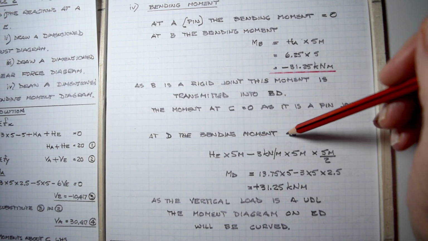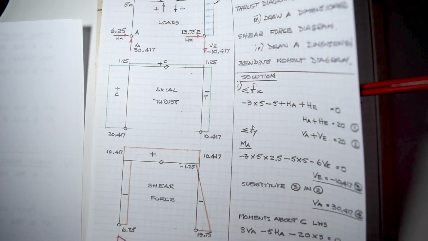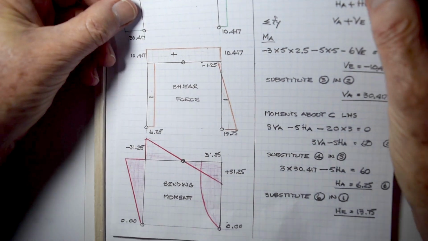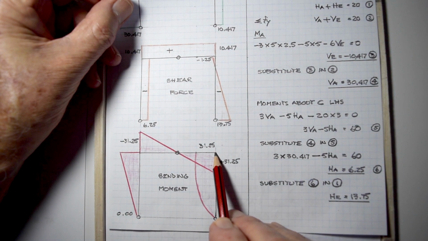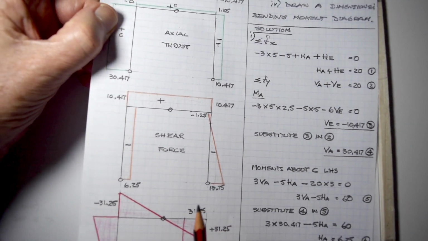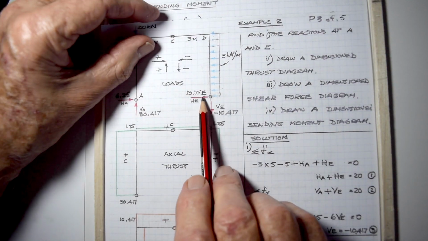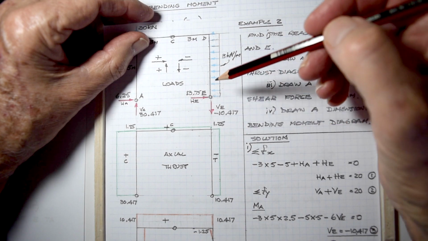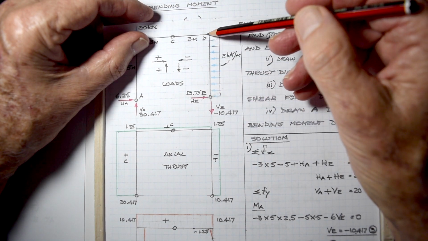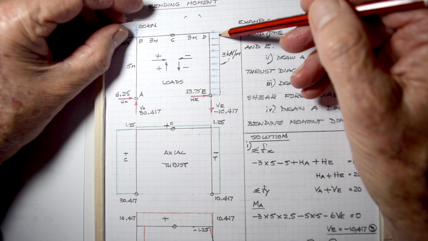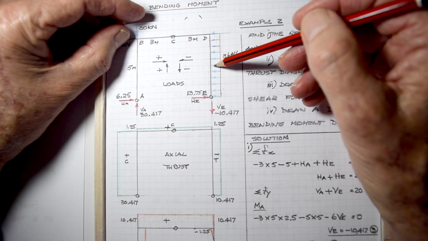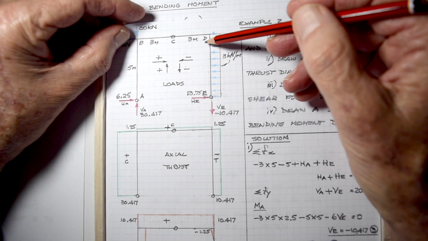At D, we're going to work out the bending moment. This is point D, okay? And your bending moment is merely 13.75 kilonewtons times that distance minus 3 kilonewtons per meter times 5 meters times the distance from the centroid to there.